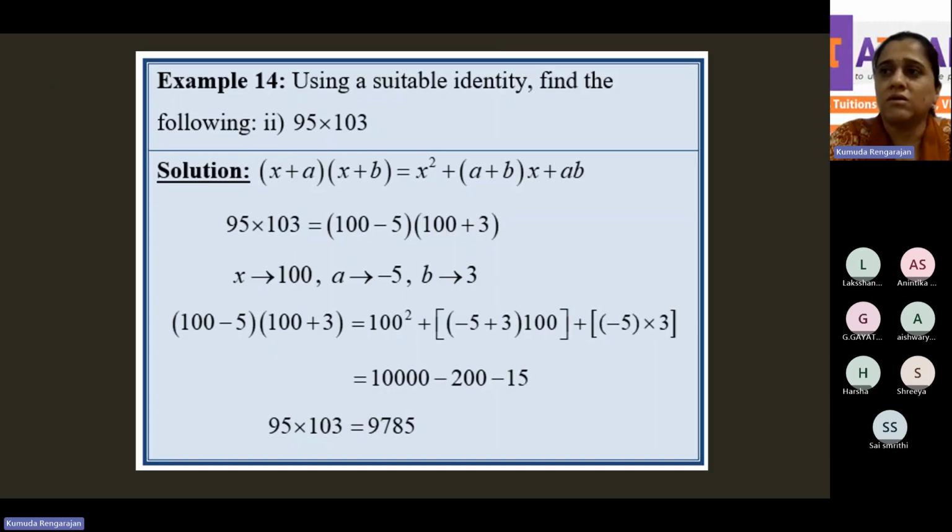By tomorrow morning, I'll share these images with you. Work this out in your tuition notebook before the class on Wednesday. Examples 11, 12, 13, 14 must be in your notebook, not on your device.